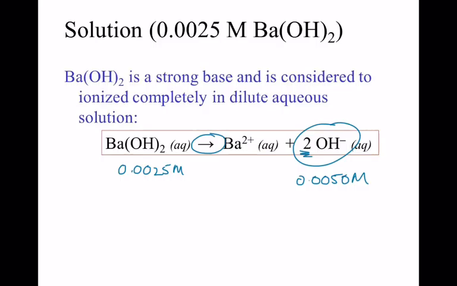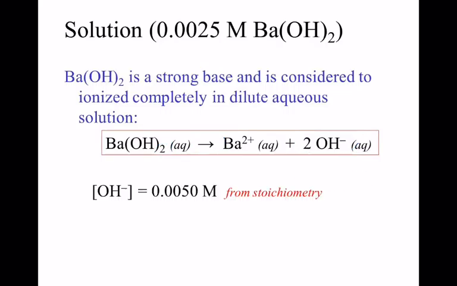Okay, why? Because you've got two. So now, actually, that's the answer to one of our four quantities. The molar concentration of the hydroxide ion is 0.0050 moles per liter.